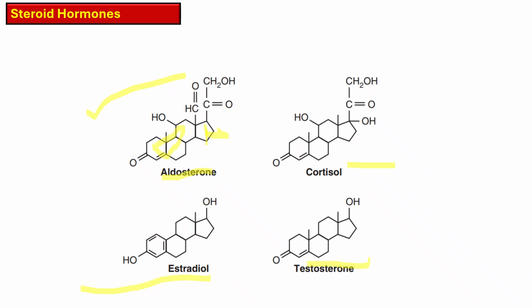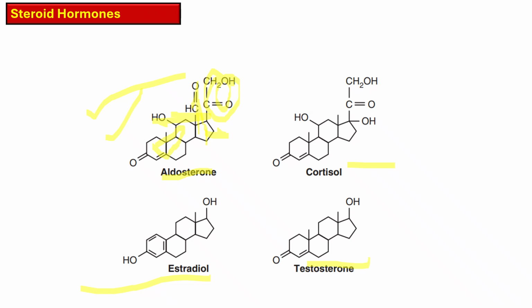It possesses an aldehyde group, CHO, and hydroxyl group, including a ketone group and a formyl group, which are key to its mineralocorticoid activity.